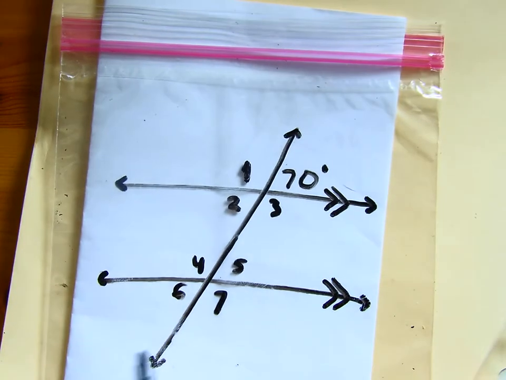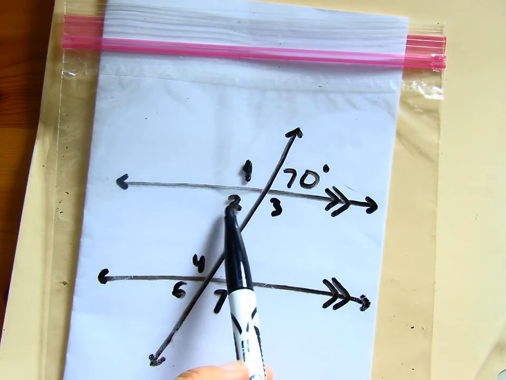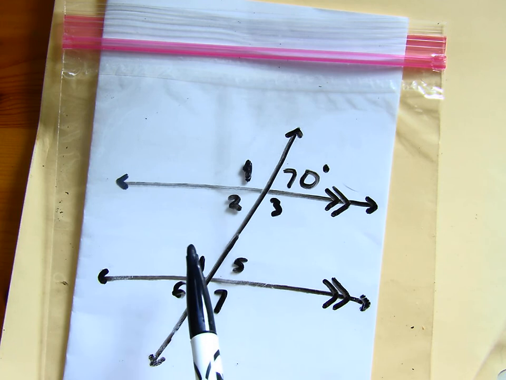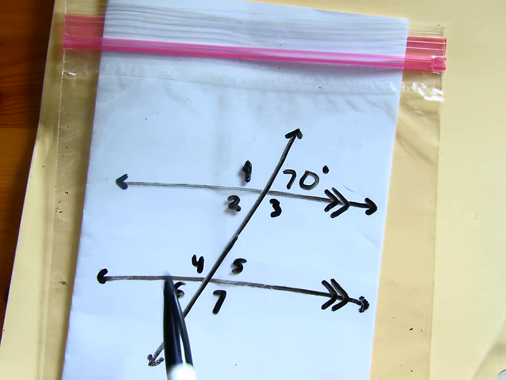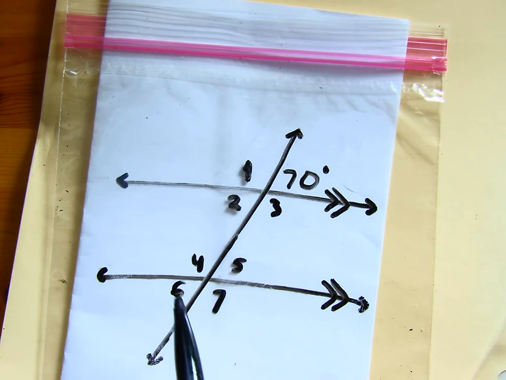So which one, angle 1, angle 2, angle 3, angle 4, angle 5, angle 6, or angle 7, how many of these and which ones are equal to 70 degrees? So go ahead and do that now.